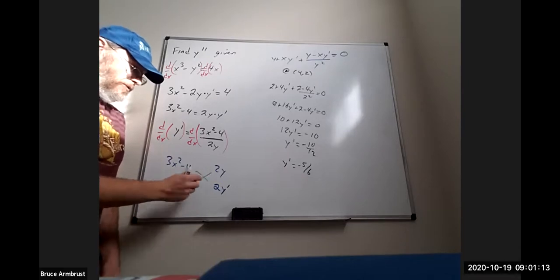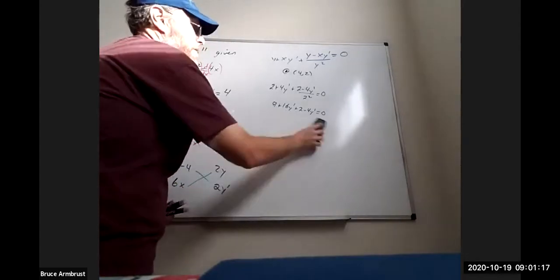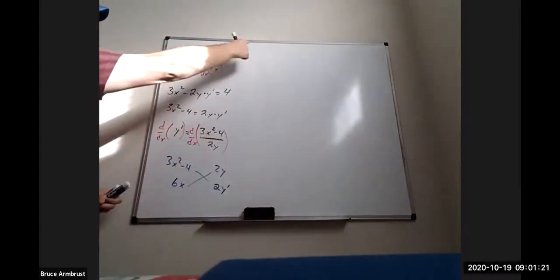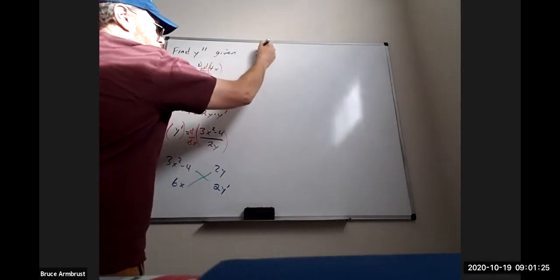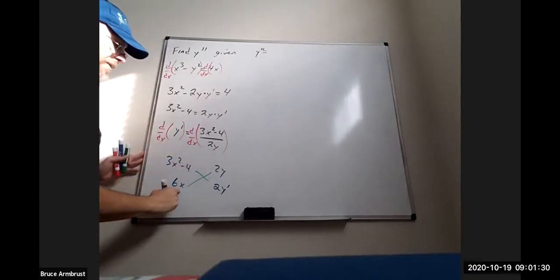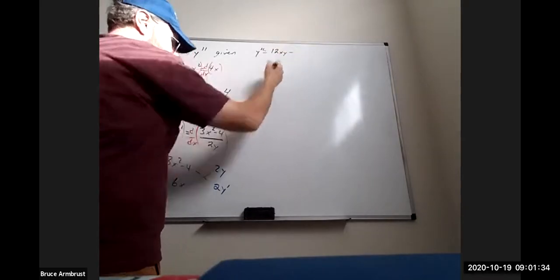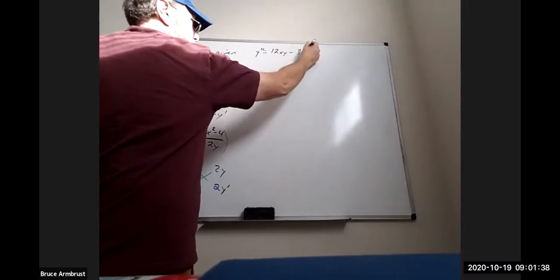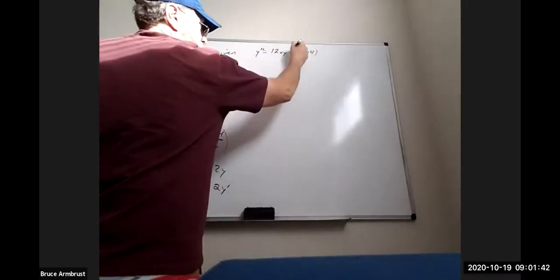Okay, so quotient rule says we need to do all that multiply and all that good stuff. So let's start that up here on the next line. So we're going to get y double prime is equal to, all right, so 6x times 2y, so 12xy minus 3x squared minus 4 times 2y prime.